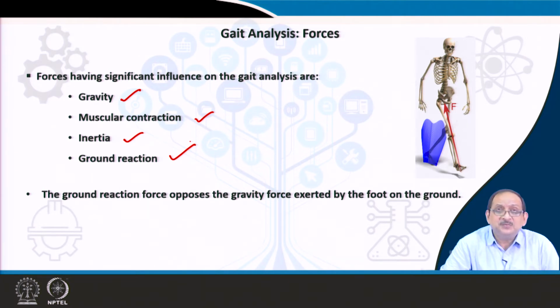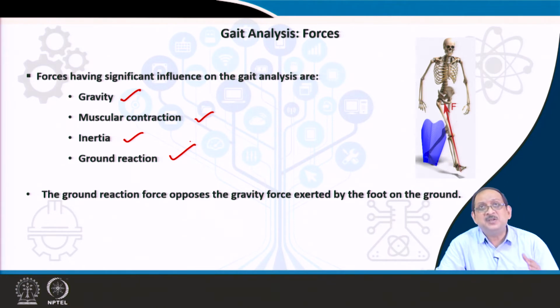The ground reaction force actually opposes the gravity force exerted by the foot on the ground. So, it acts in an opposite direction. It is the reaction force of the ground on the body which is exerting the gravity force on the ground.